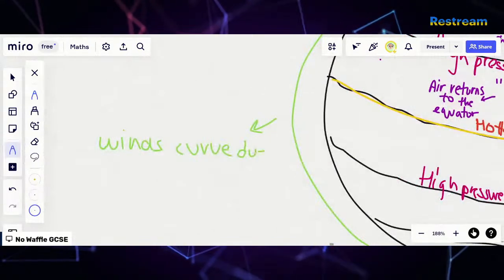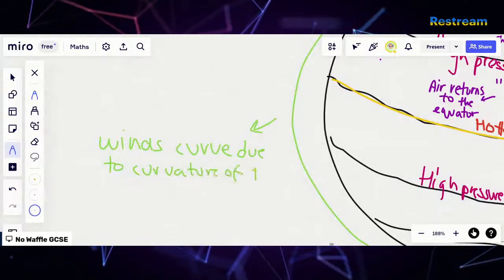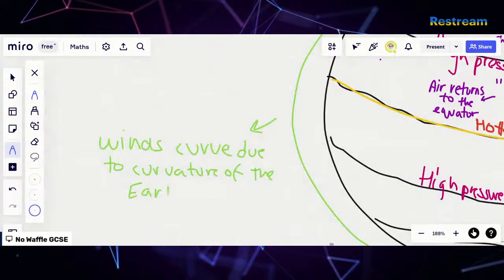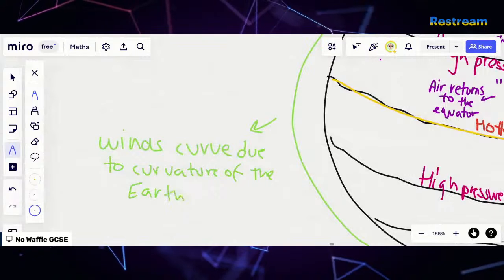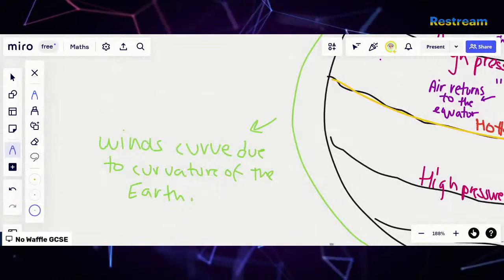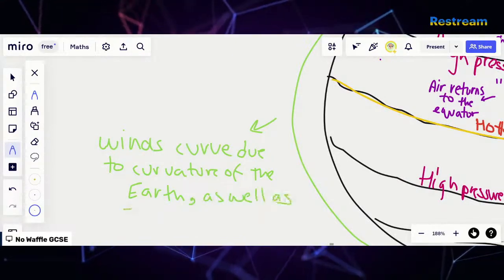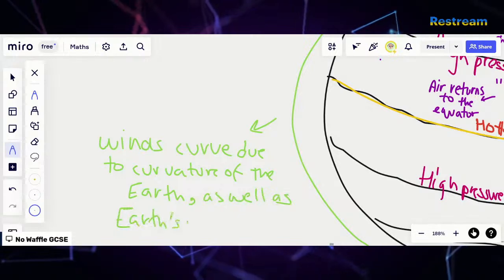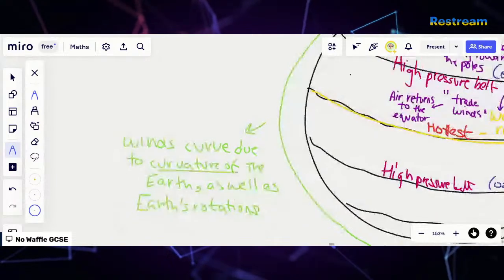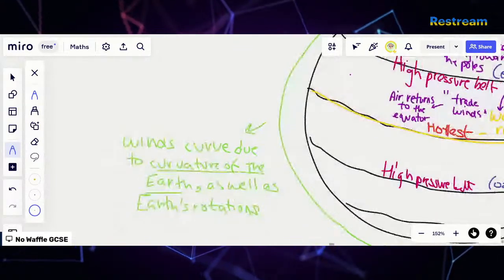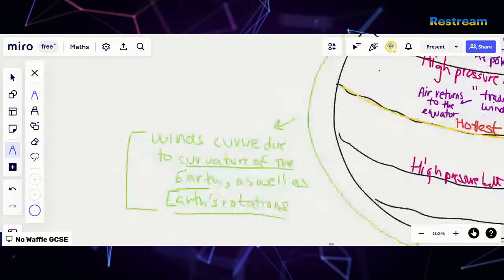So winds curve due to the curvature of the Earth, as well as the Earth rotating constantly. So two reasons that winds curve. Firstly, due to the curvature of the Earth, and secondly, due to the Coriolis effect.